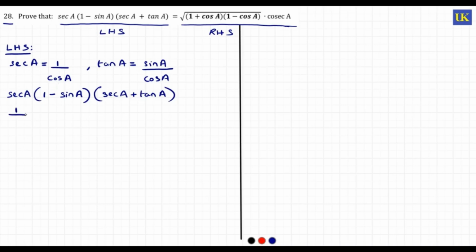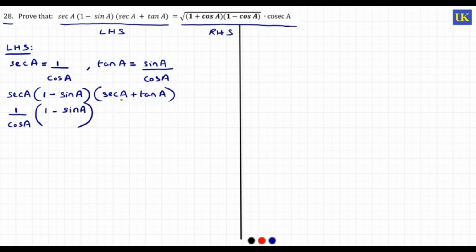So 1 upon cos A, and in the bracket I will write 1 minus sin A.